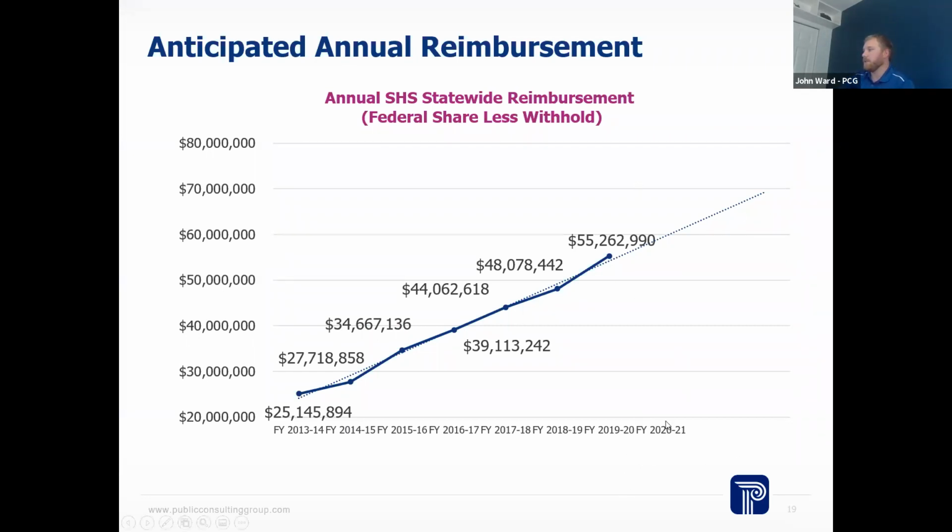So we have FY21 here, and we have that 55 million from FY20 here. You can either place a stamp anywhere over in this region where you think the FY21 reimbursement will be, or feel free to put it in the chat. We have one answer: I have no idea. That's definitely pretty valid given the last 12 months.